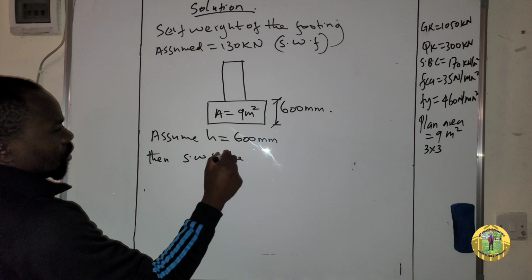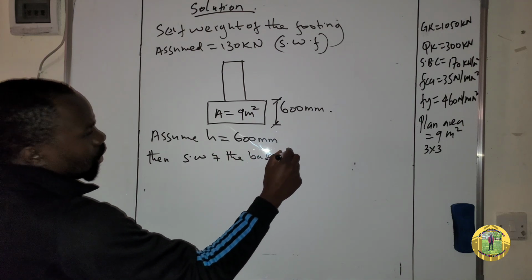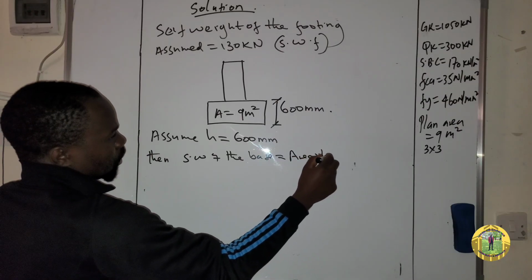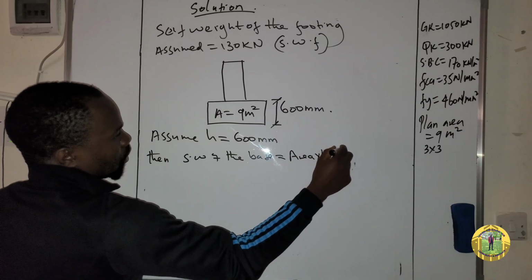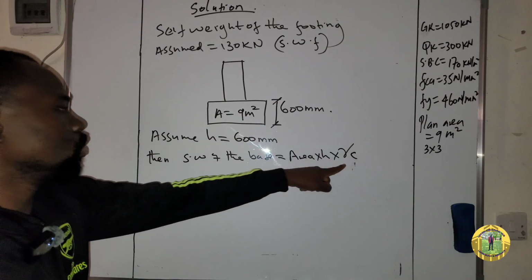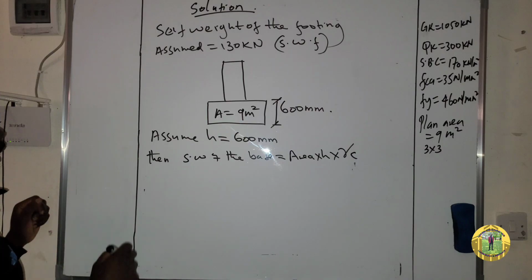Then the self weight of the base will be area times H times unit weight of concrete. We will assume the unit weight of concrete is 24 kilonewton per meter cubic.